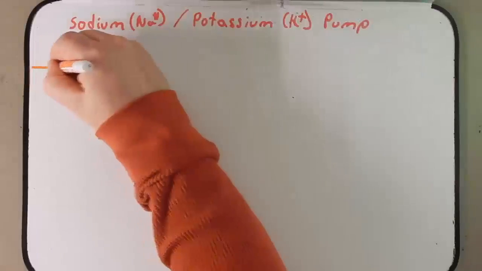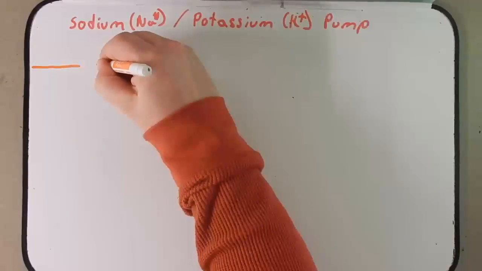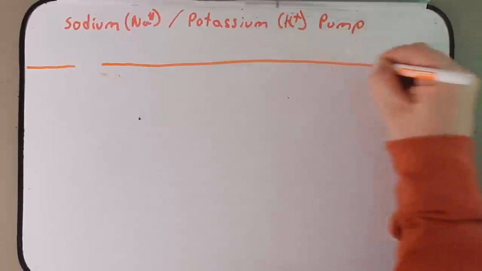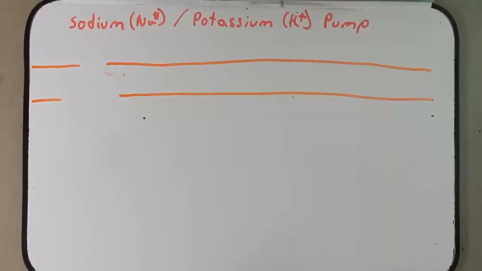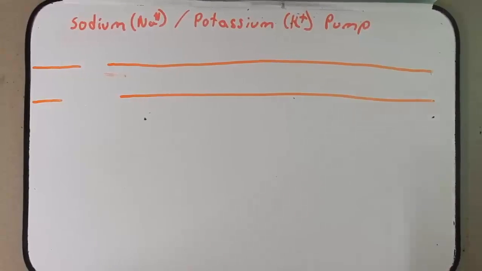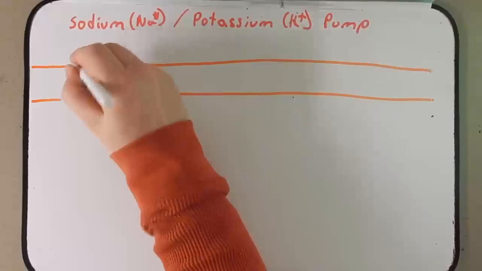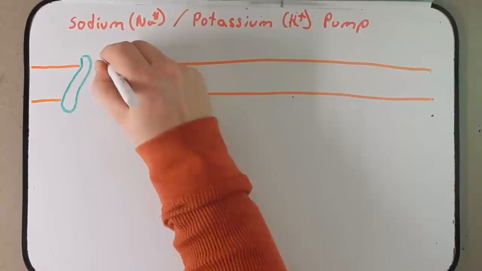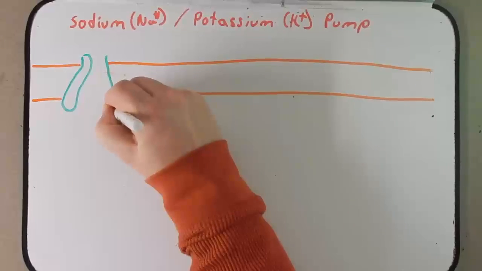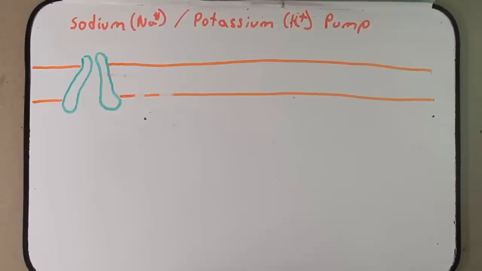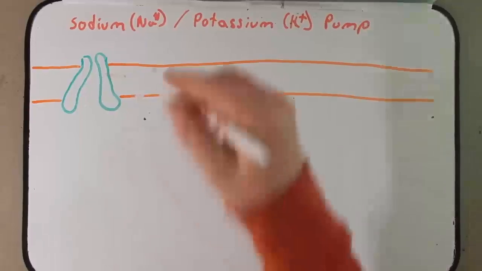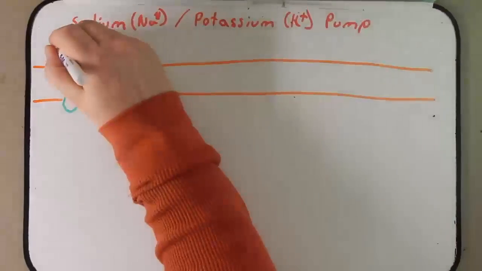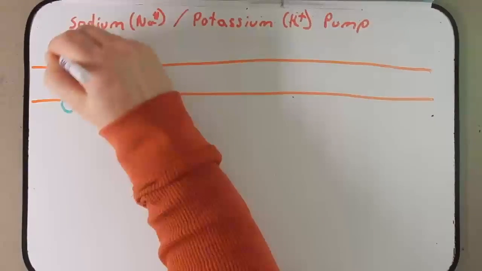So let's begin by drawing our sodium-potassium pump inside of a plasma membrane. Here's our membrane in orange. And then let's draw the sodium-potassium pump, something like this. And let's remind ourselves that on the outside of the cell, there are lots of sodium ions.